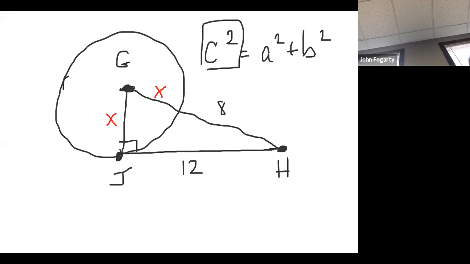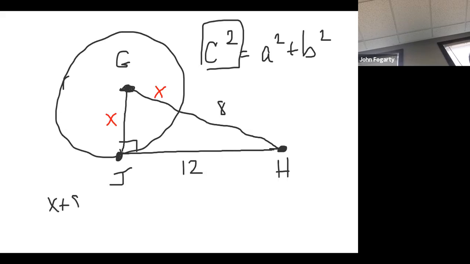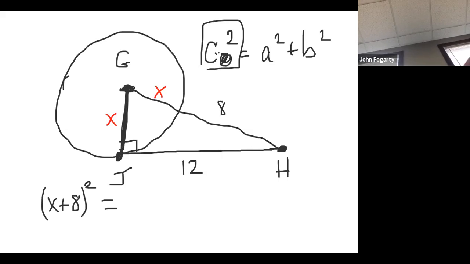Fellas, how long is GH? 8 plus x. Good. x plus 8 squared. That's this, right? That equals what? Well, what's this side? x squared. What's this side? 12 squared. Agreed?